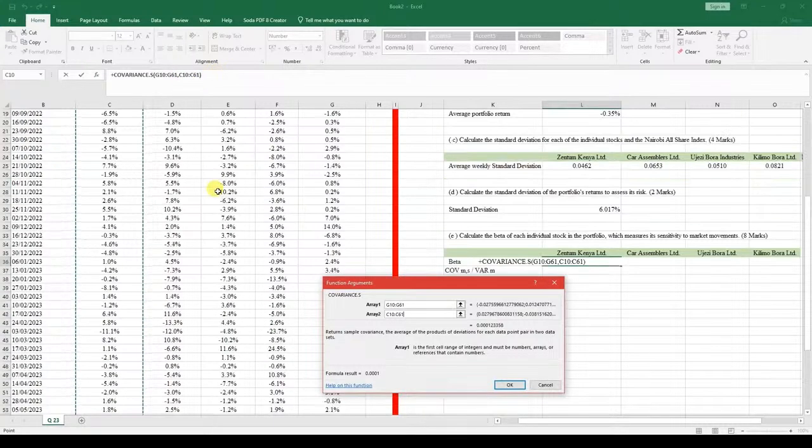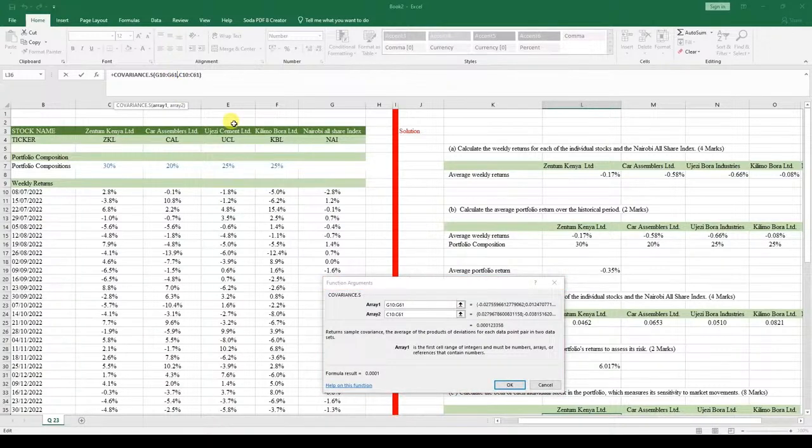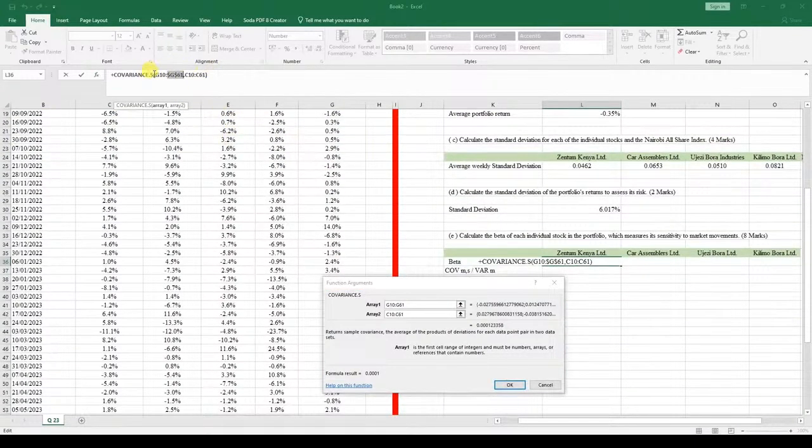So we lock the one for the market. We can decide to lock it with F4, on F4 and F4. Why are we locking it? Because we want to ensure that the covariance of the market remains like that.